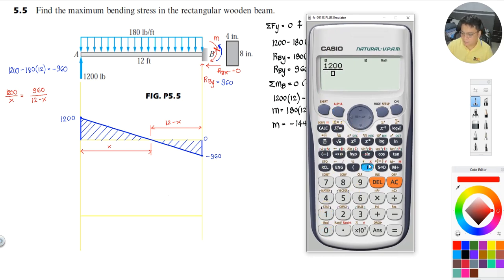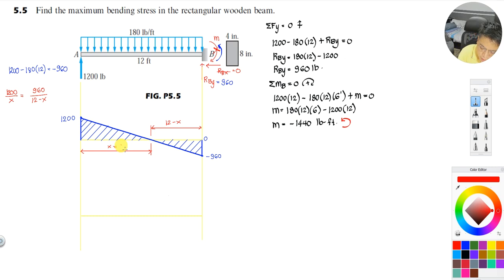So, that would be alpha x. Okay? Equal. And then 960 all over 12 again minus alpha x. Okay? Then shift, calc or solve. So you can press equal. So that is 6.67. So ito daw ay 6.67. Okay? So ito, ilan na lang to? So 12 minus 6.67. So that's 5.33.